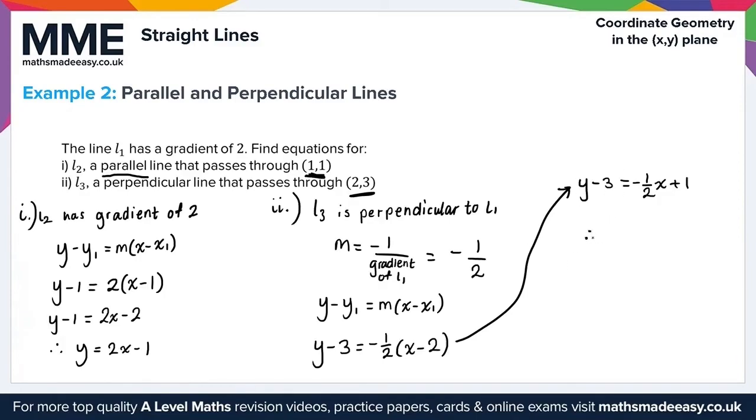So y is given as minus a half x, and then add 3 to this one to get plus 4. Okay, so the line L3 has equation y equals minus a half x plus 4. So this is for L3, and the earlier equation was for L2. Okay, so that gives us the solution to example 2.